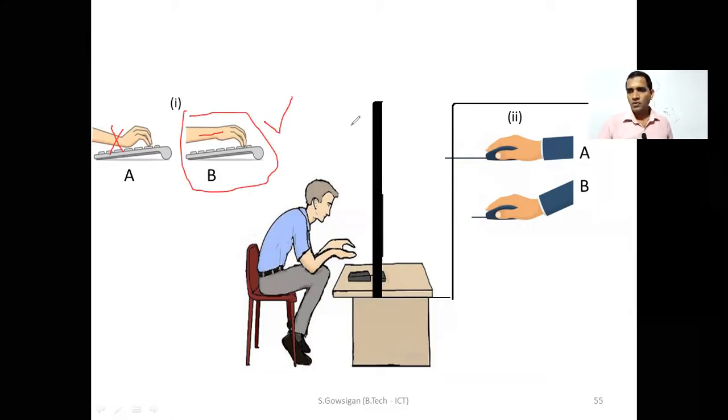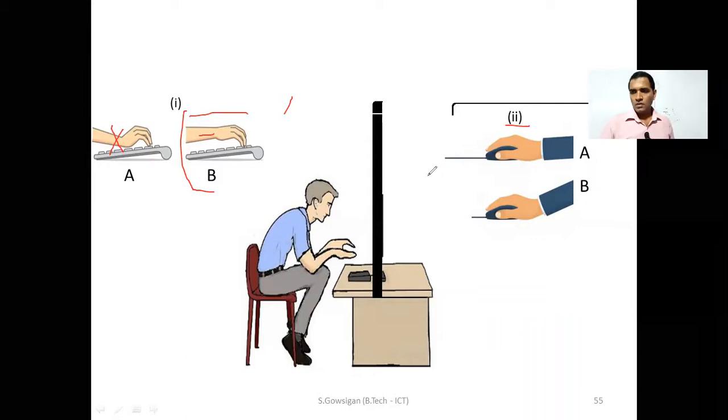Okay, right. Now have a look at the second picture. Siva Nigedanan, in the second picture, which is right? A or B, which is right? Is it A?